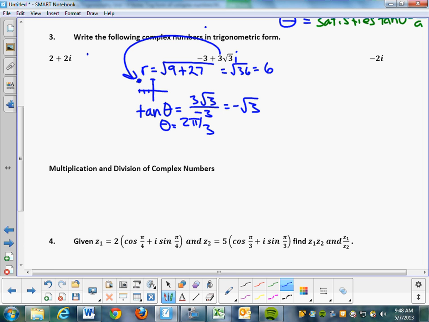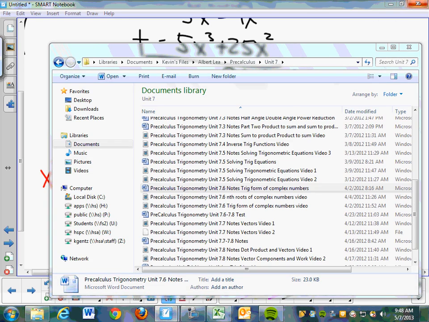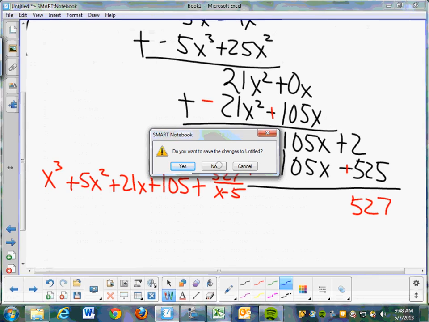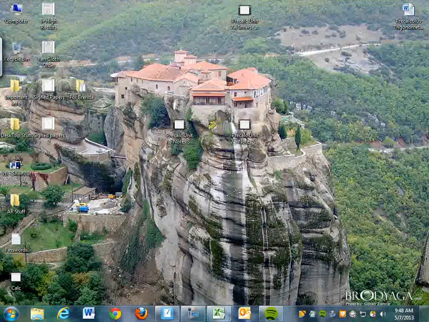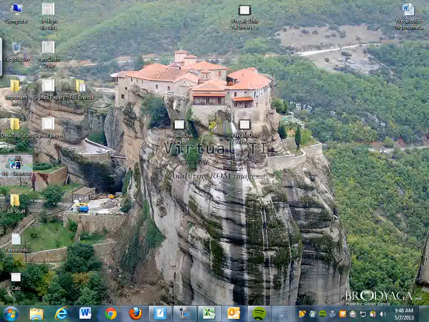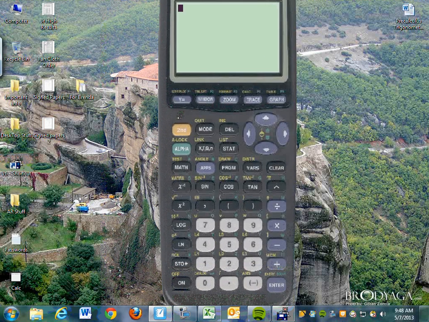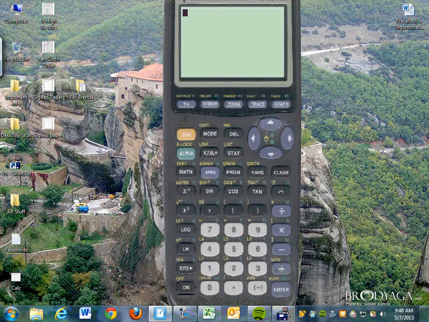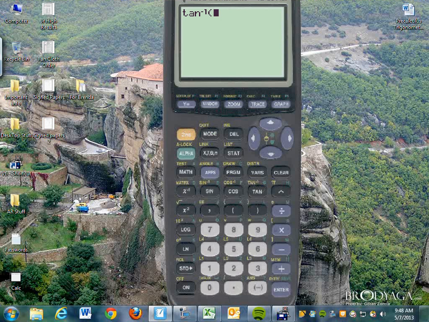Now, everybody pause because I want to show you, what do you do if it's not on your graphic organizer? Very good. You would use your calculator and do the inverse. So let's make sure we can do that first. If I take out my calculator, mode, I'm in degrees. If I go second, tangent inverse of, and I'm just going to do the positive value, square root of 3, that's going to give me a reference angle.